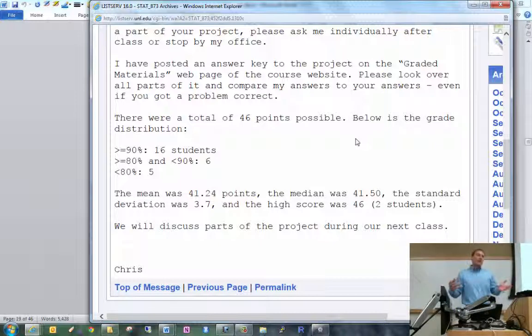At least in my answer key, usually the way that I answer the problems is what I see as the best approach, or the best answer possible. And so I do recommend that you read through the entire answer key, even if you did well on every problem.